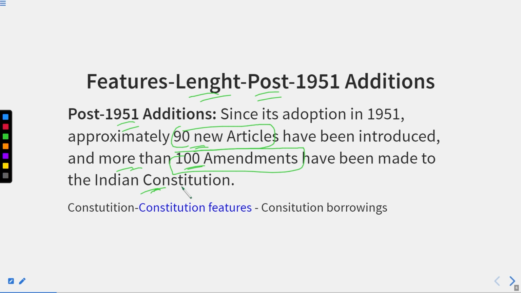Because, as I told you in the previous lectures, we got independence in 1947, and if we compare that year to today, there are so many changes, not only in India but also in the world. Because of this, time to time, in order to get ourselves updated to the world, we have to introduce and change some things. Okay, so please remember this also.